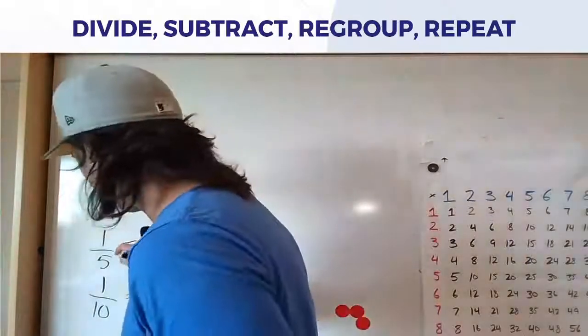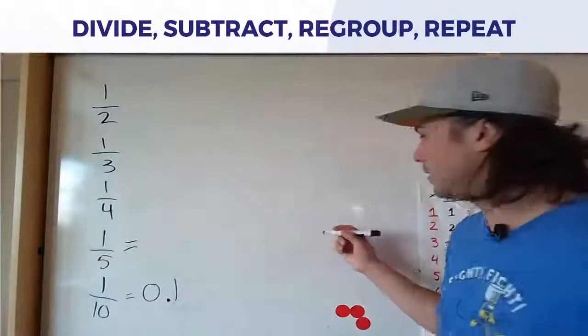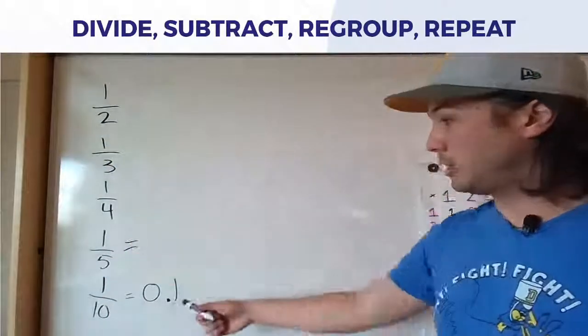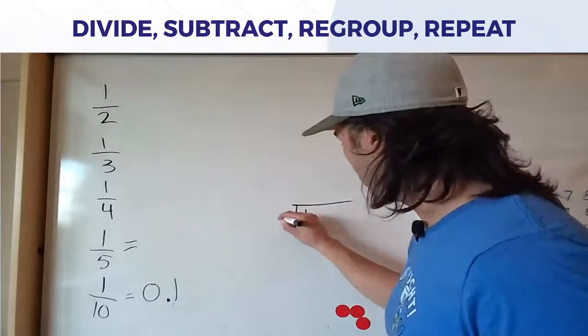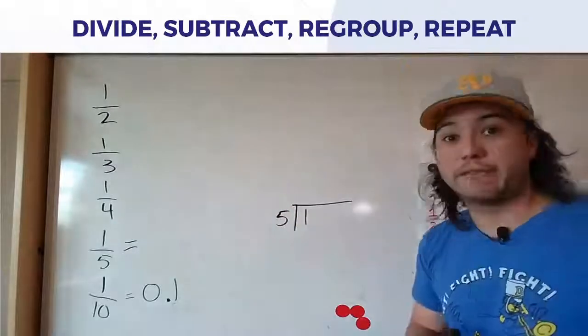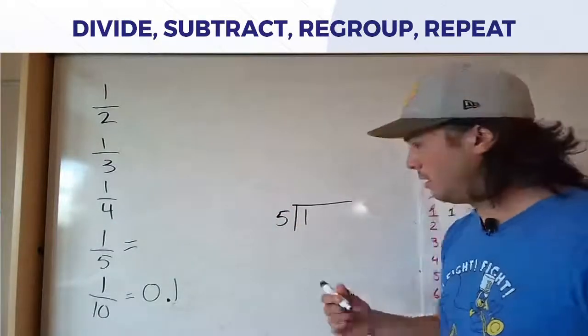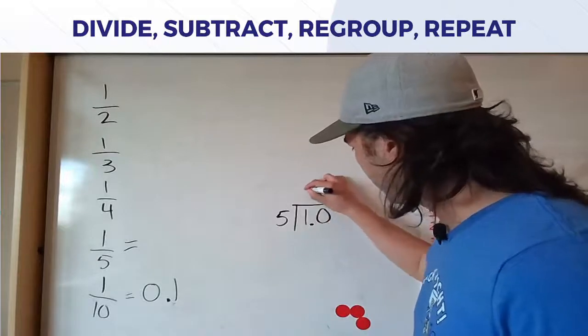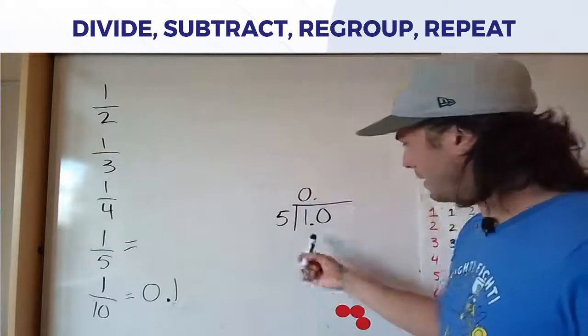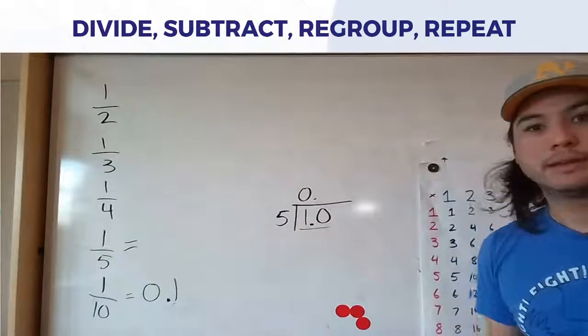Fifths, similarly, right? Essentially what we're doing when we're saying 1/5 is we're saying 1 divided by 5, right? I can't do 1 divided by 5, so I've got to regroup it with some tenths. And then I have 10/10 divided by 5.